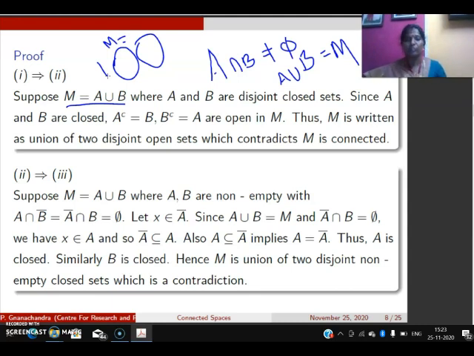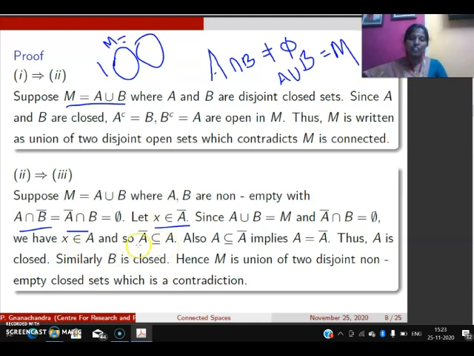Another one is, suppose M equals A union B, I have assumed the second and to prove the third, where A and B are non-empty with A intersection B closure equals A closure intersection B equals empty. I took an element X belongs to A closure. Since we have assumed that A union B equals M and A closure intersection B equals empty, therefore X belongs to A. I have taken an element X in A closure and proved that X belongs to A. That means A closure is contained in A. A is always contained in A closure, we all know that.